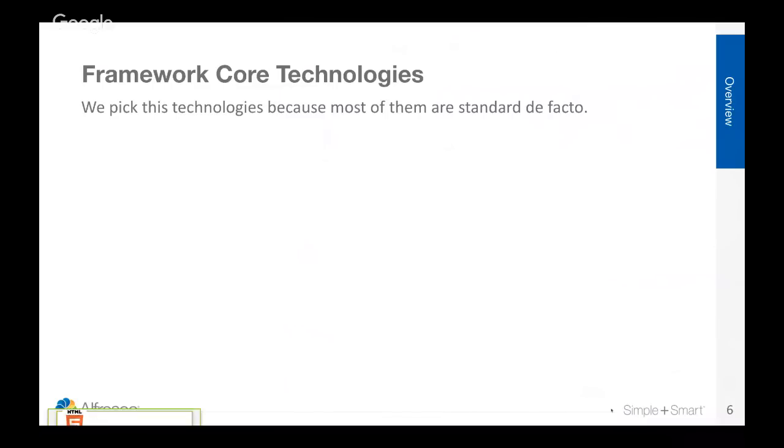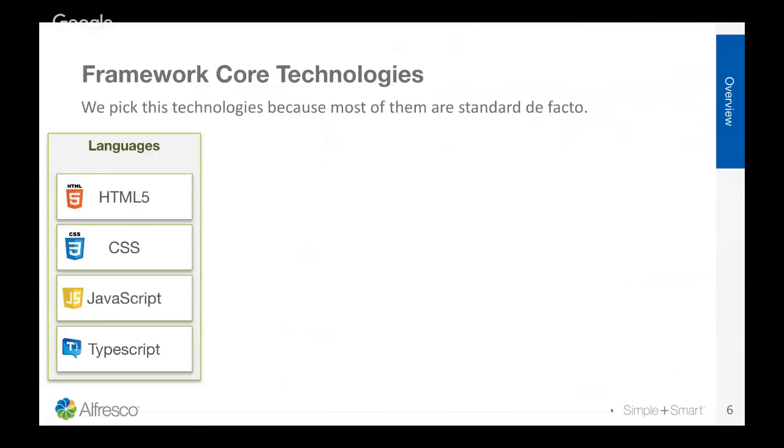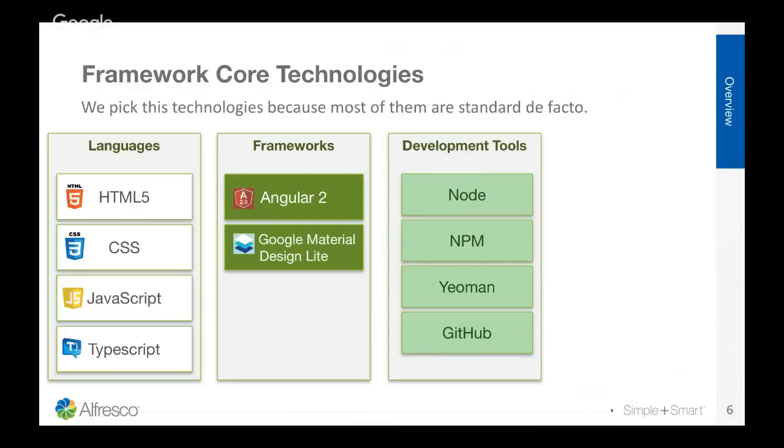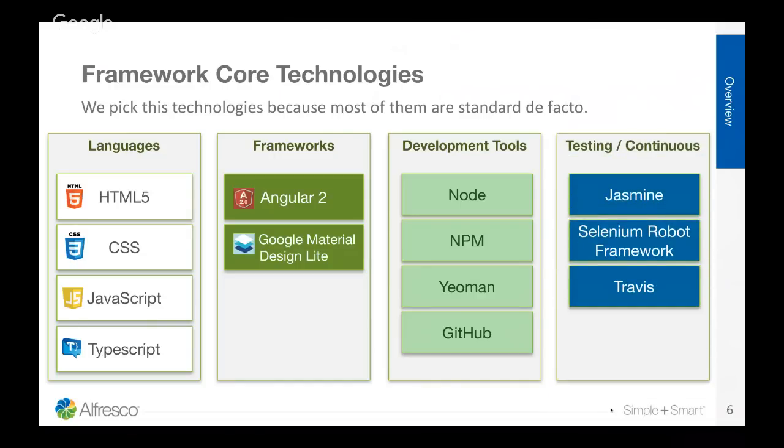So the technologies that we use as languages are HTML5, CSS, JavaScript, and TypeScript. And the frameworks are Angular 2 for behavior-related things, and Google Material Design for all the things that are about the UI. Then we have the development tools: Node, NPM, the Yeoman generator, and everything's on GitHub. And testing.